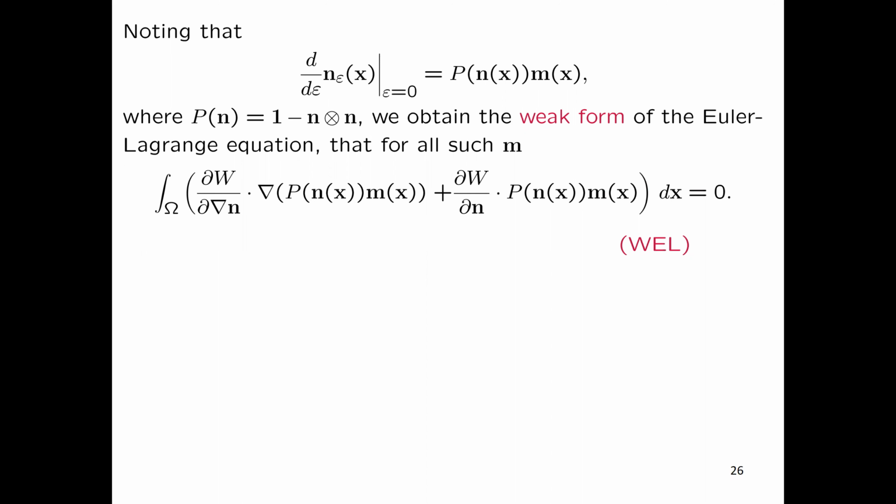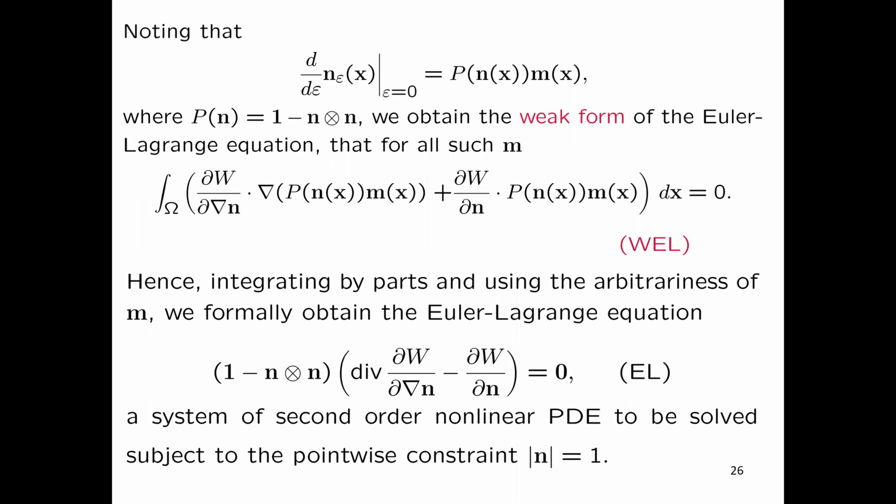And that's got to hold for all smooth m that are 0 on the boundary. And that's what's called the weak Euler-Lagrange equation. I'll write it as WEL, the weak form of the Euler-Lagrange equation.